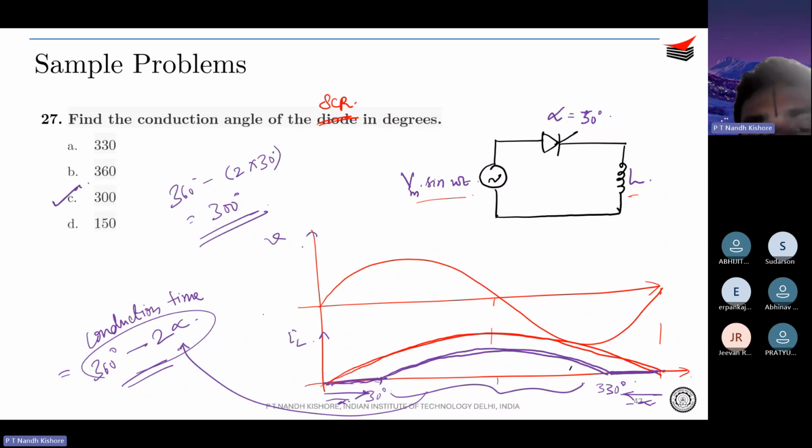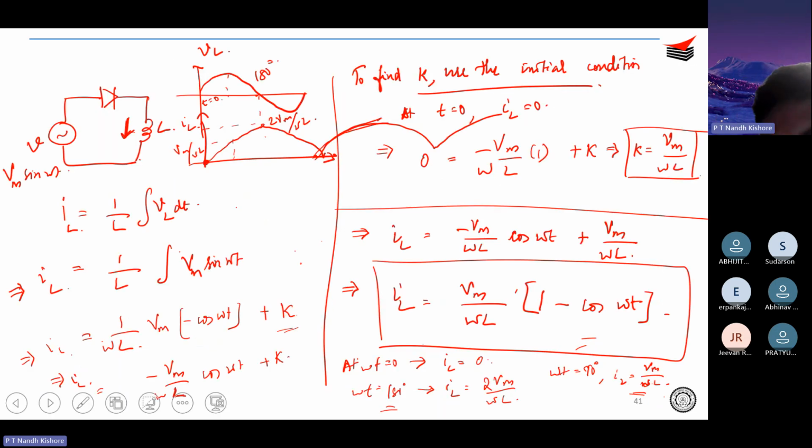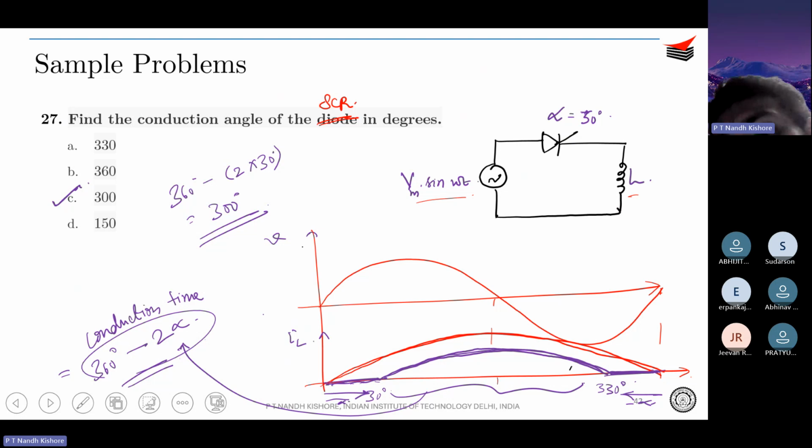If you want, you can verify. You can get this waveform using the same method that we did for the diode, just that the limits of integration will change. The limit of integration is now only from alpha, and the initial condition is, instead of omega t equal to 0, you can take omega t equal to 30 degrees, and you will get a pretty similar expression.